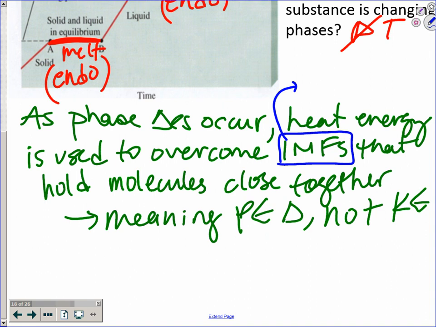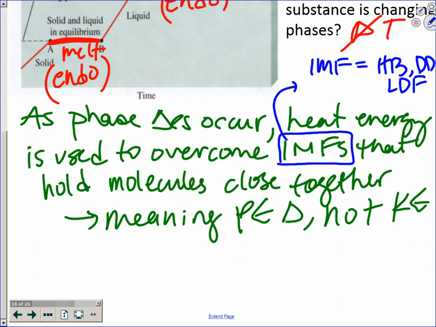What intermolecular force holds water to water to water? Before you answer, quick review. What are the IMF types? There's 3. Ionic is a type of bond, not an intermolecular force. There's hydrogen bonding. What else? Dipole-dipole and London dispersion forces.